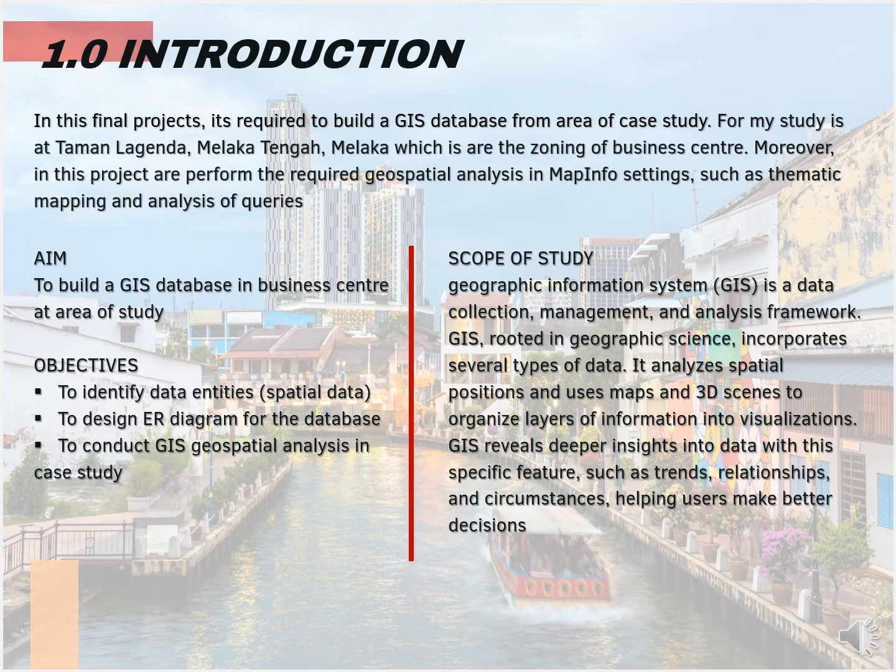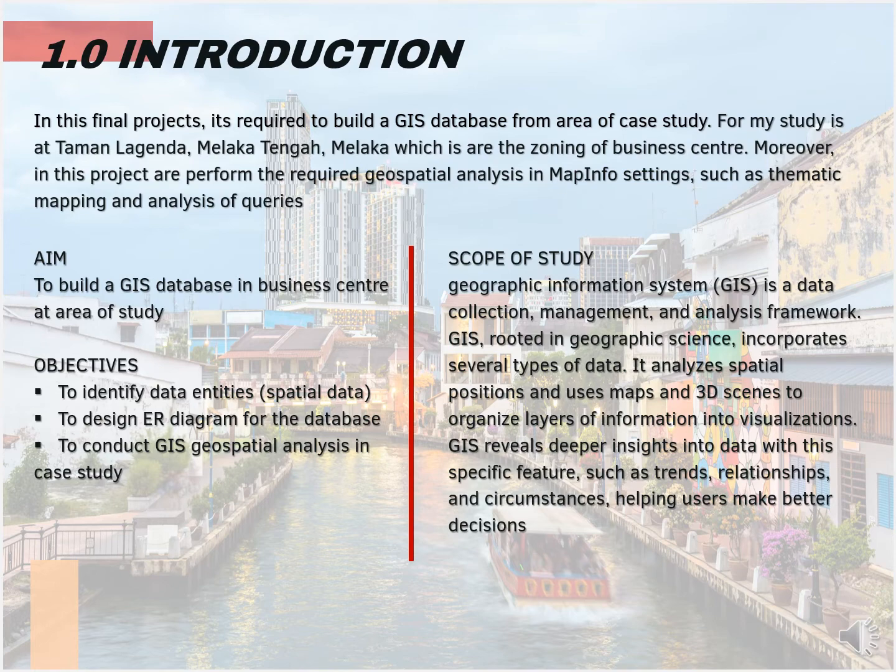The objectives are to identify data entities and spatial data, to design an ER diagram for the database, and to conduct GIS geospatial analysis in the case study. The scope of the study: a Geographic Information System is a data collection, management and analysis framework. GIS is rooted in geographic science and incorporates several types of data.